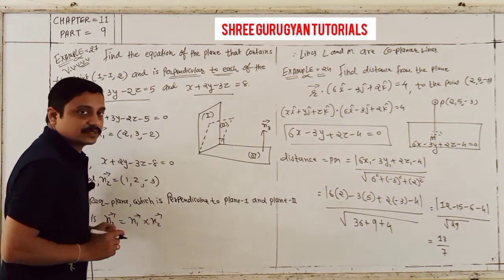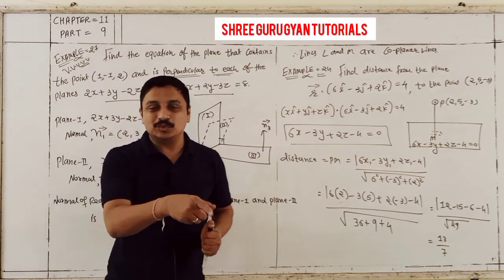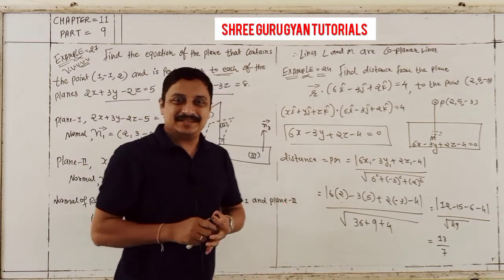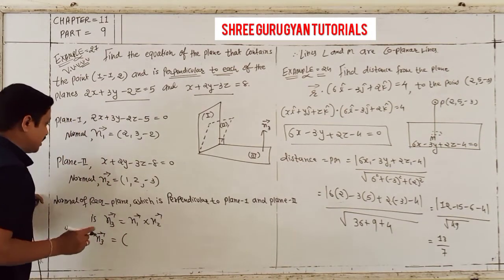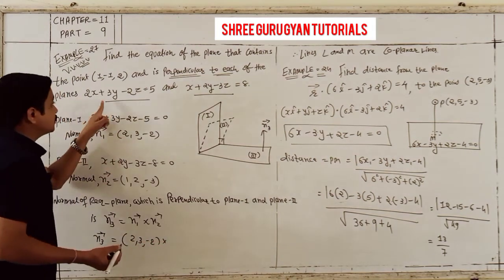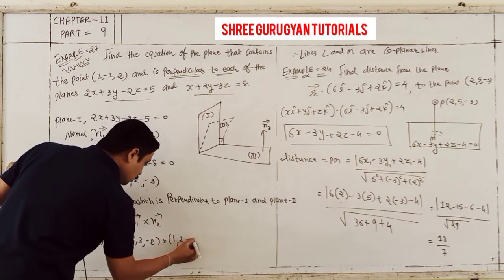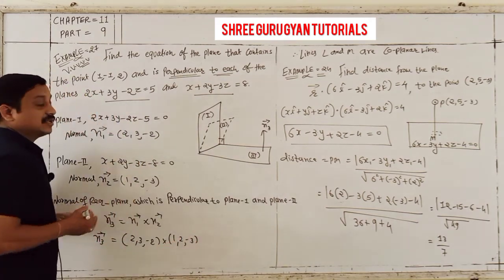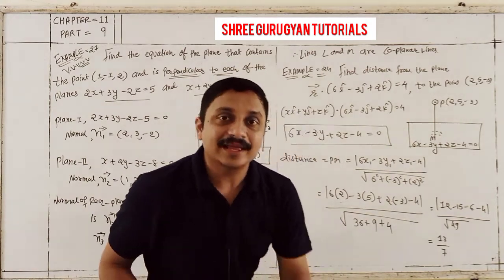That's the main point. Students, in your textbook a different calculation method is given, that is also true, but this is very easy. So n3: your normal for the n1 plane is 2, 3, minus 2, and the second is similarly 1, 2, minus 3, and then easily I will derive with i, j, k, my determinant calculation.